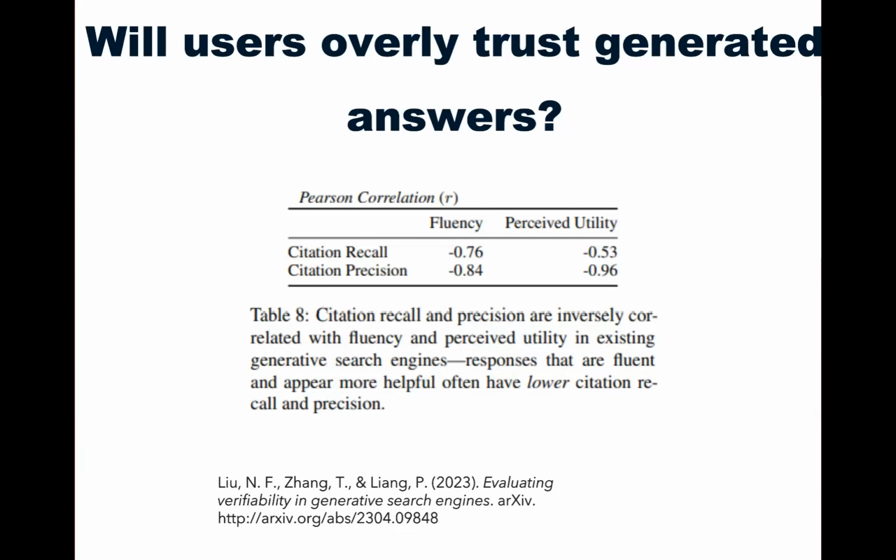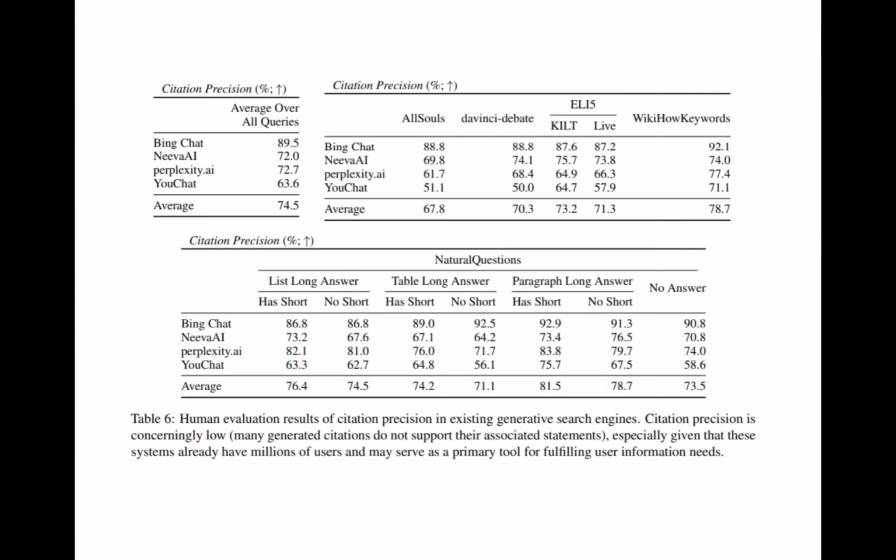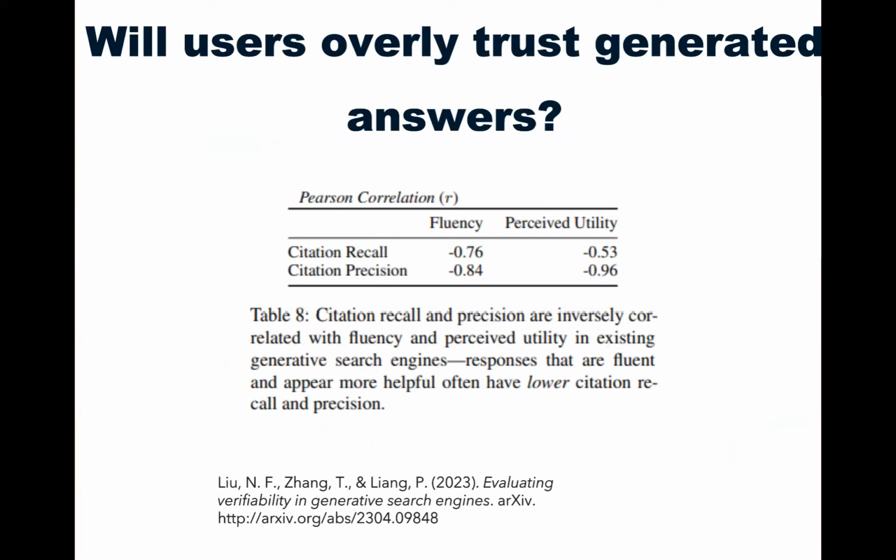I think even the results so far that I've shown you are actually very, very important. But they went further and they asked users to rate the generated answers in terms of the fluency of the answer, as well as the perceived utility, how useful the answer is.